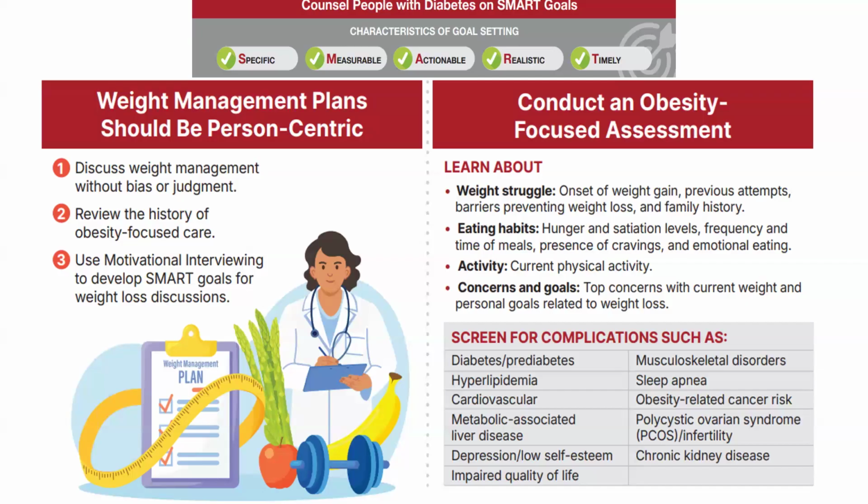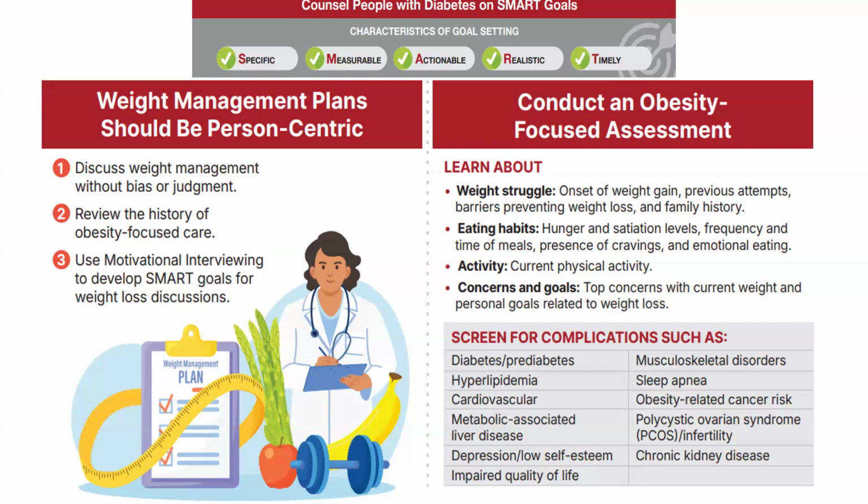Screen for sleep apnea, because new studies have shown benefits of different weight loss medications for sleep apnea. Look for obesity-related cancer risk. Look for PCOS and infertility. Screen for chronic kidney disease as well.